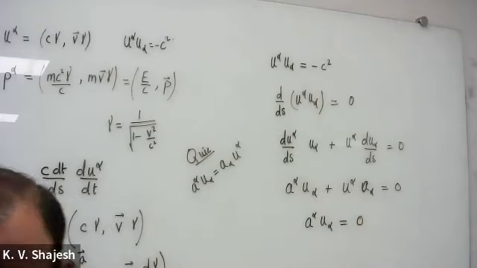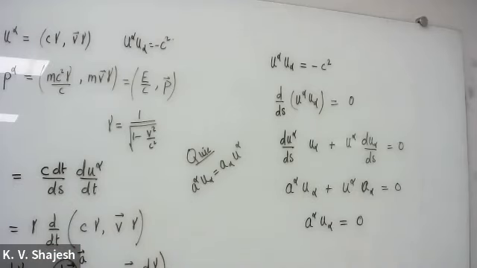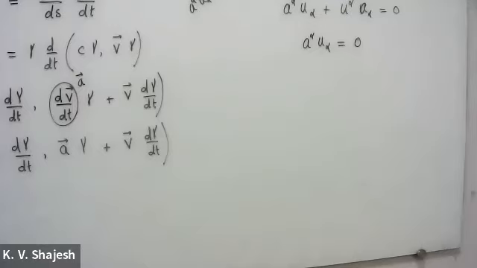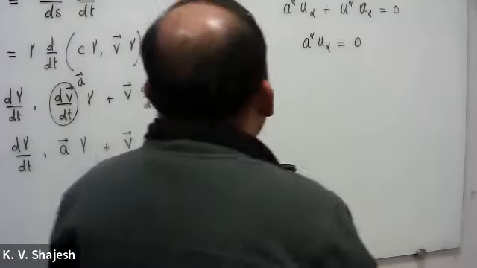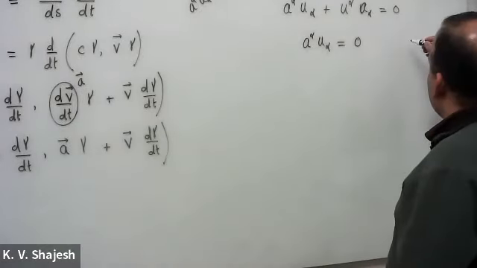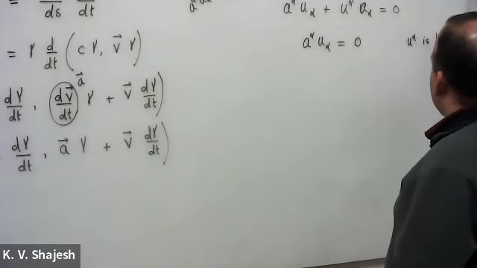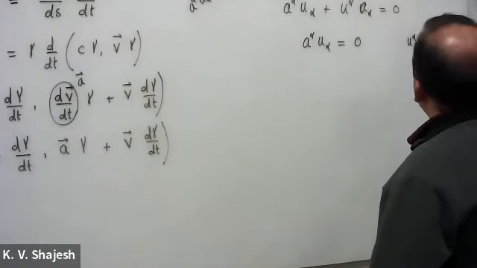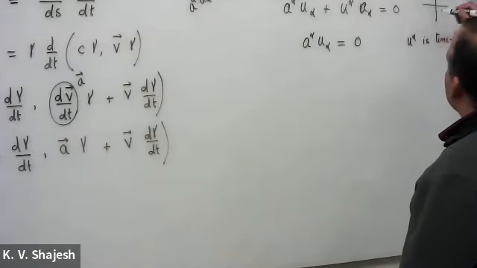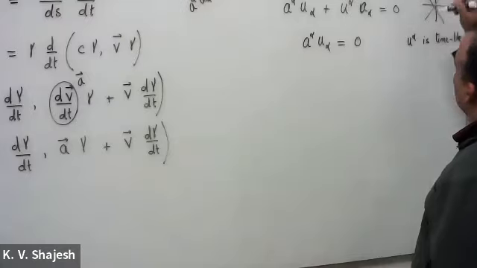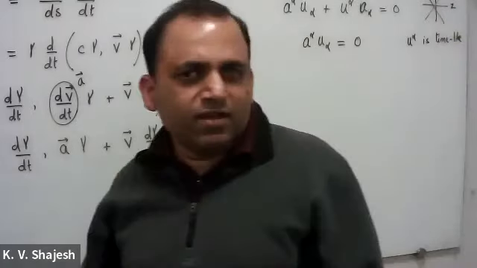While we are doing this, let's make a small point. We have already shown that u alpha is time-like. That means, visually speaking, if you have time here and Z here, it's in this, like it's in the time-like.